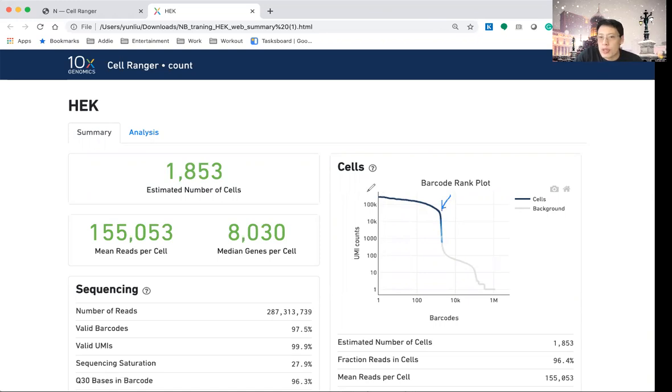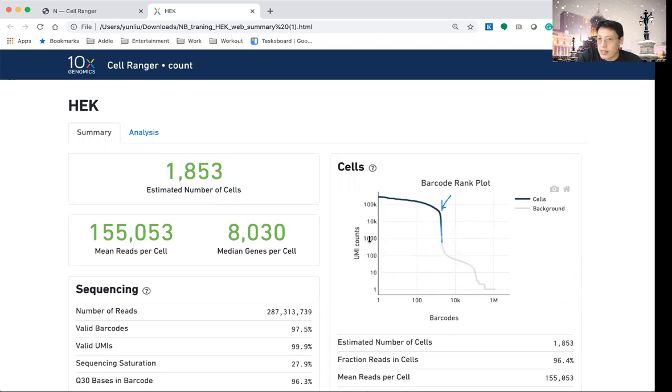And what I want to see here is that it's pretty plateaued, it gradually goes down, but there's a sudden drop. So what this means is the X here is the number of barcodes. If I move my mouse over here, you can see there are maybe 5,000 barcodes that receive more than a certain number of reads or UMIs.